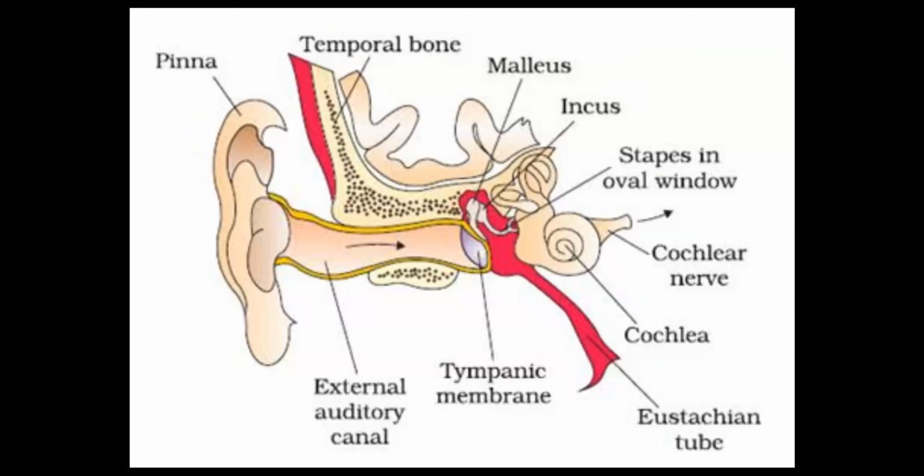They are malleus, incus, and stapes. These three bones in each side middle ear. Right side middle ear may be three bones, left side may be three.